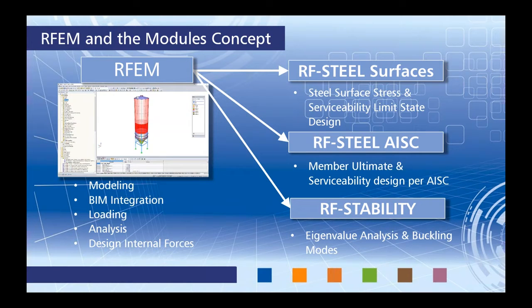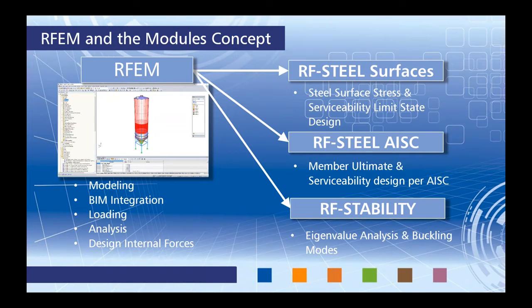Now, in turn, you can also utilize our add-on modules within RFEM to do the design as well. So for example, today we'll be working in RF-STEEL Surfaces. This will provide us with a steel surface stress and serviceability limit state design. Now this is for our 2D surface shell elements that comprise our silo structure.